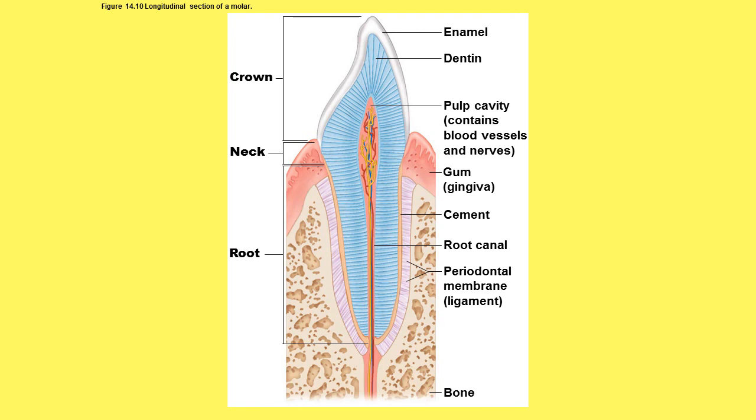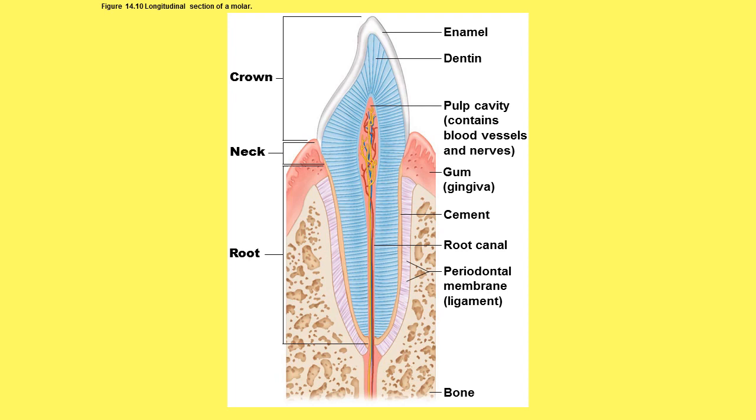This is showing a cross-section of a tooth. The enamel, the outer portion, the white portion that you see, that's the crown that's covered with the enamel. Underneath that is the dentin. In the very interior portion is the pulp cavity that contains the nerves and the blood vessels, and that will extend all the way down through the neck and the root portion of the tooth.